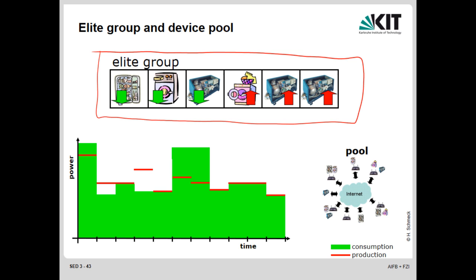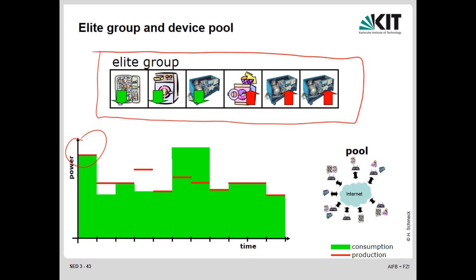So those elements are selected into an elite group, and then you have a deviation. Here you have a deviation, and now this fridge here can satisfy that deviation, can just stop running.